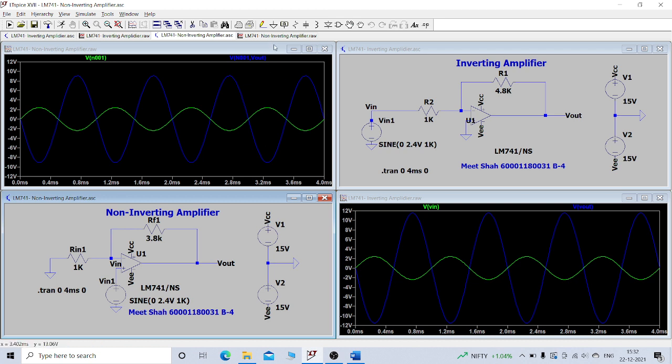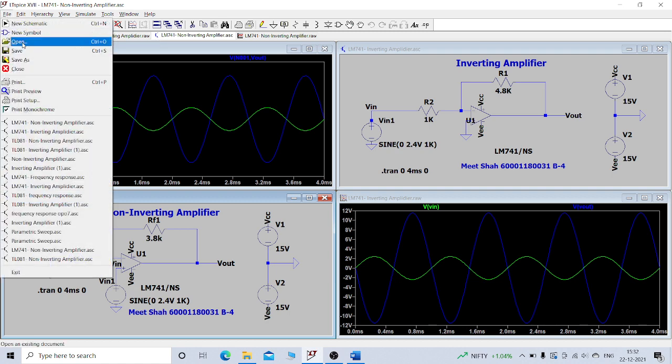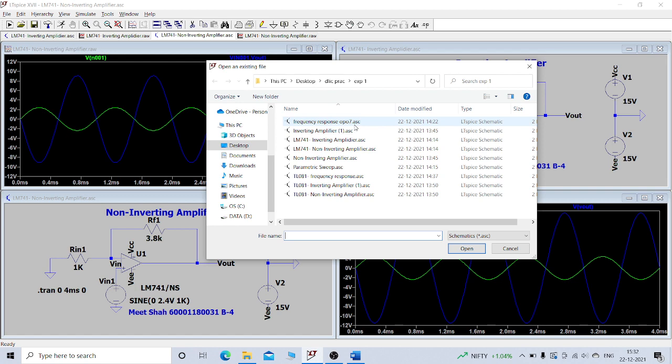Now we go to the frequency response of OP07. So frequency response OP07.